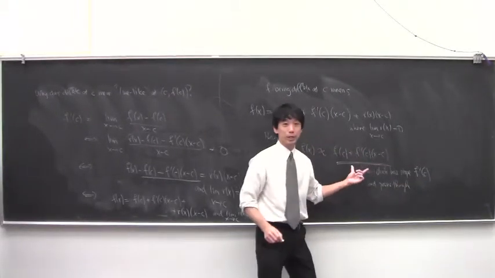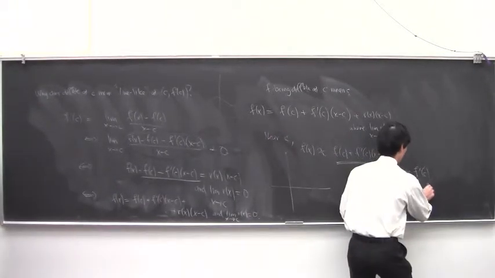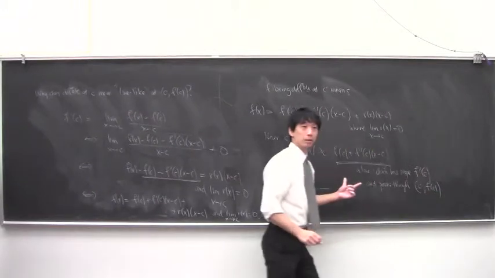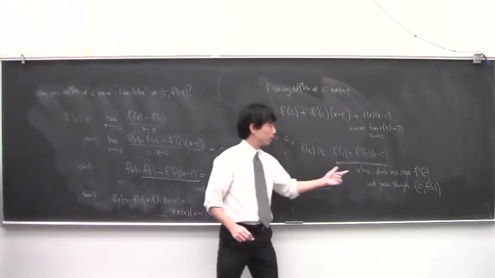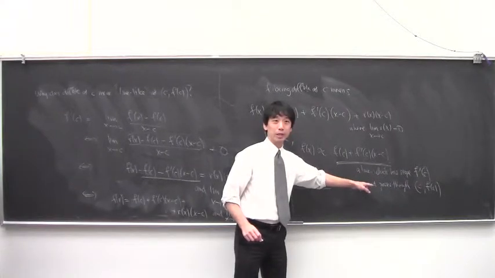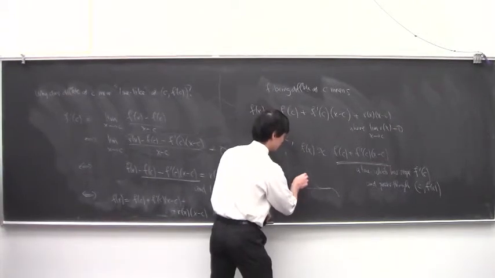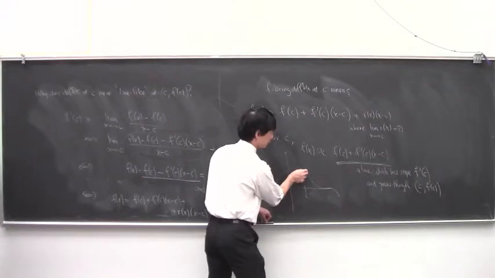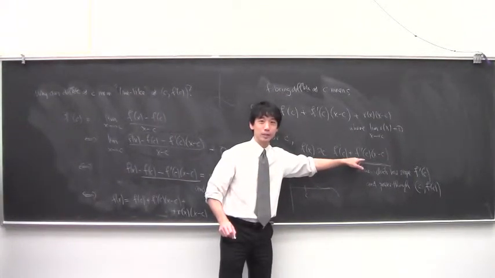Well, what's its value at c? F of c. Right? A line which has slope f prime c and passes through c, f of c. Right? In other words, what is that thing? Here's c, here's f of c, here's the slope. That's the tangent line. That is the tangent line.